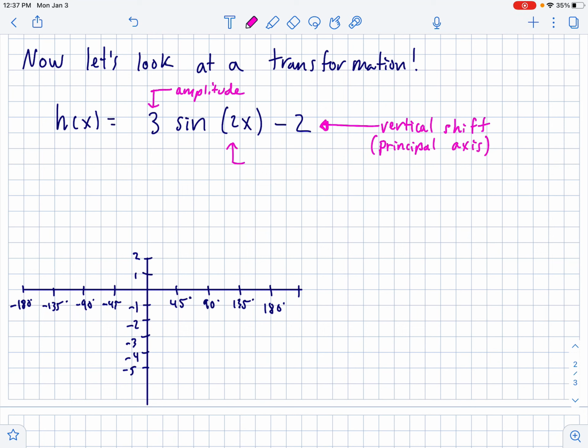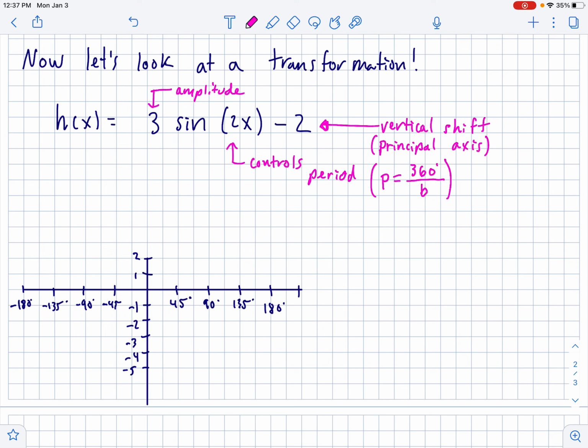This guy controls the period. And the way it controls that is that the period is equal to 360 degrees divided by whatever that number is. We'll call it B right now.